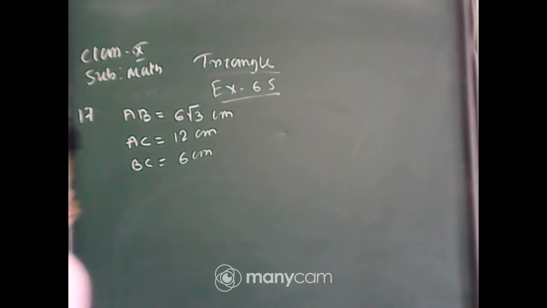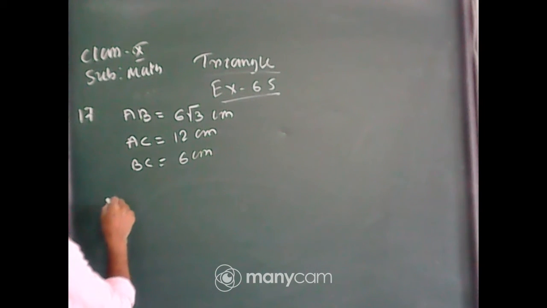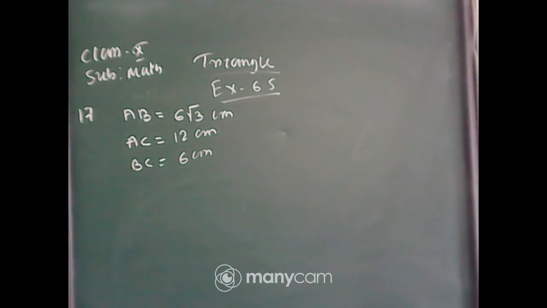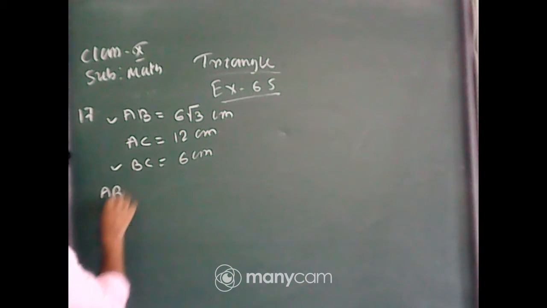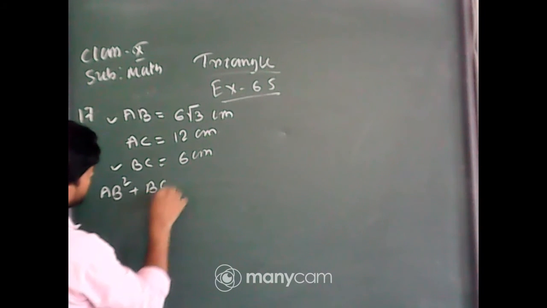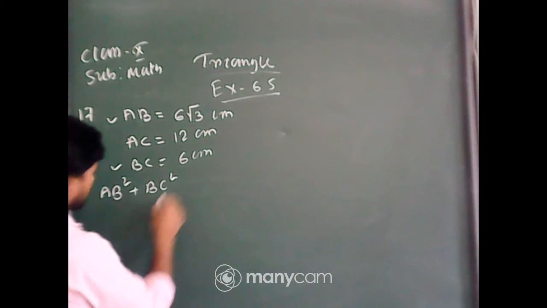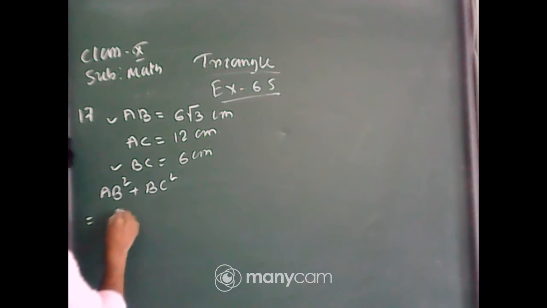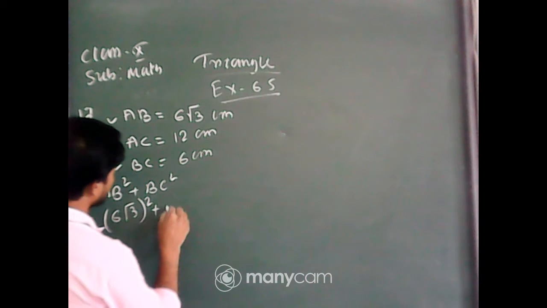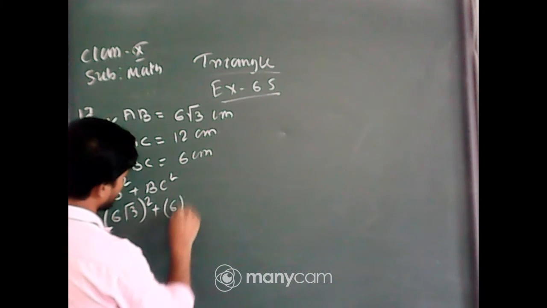Now do one thing. First, find the sum of AB square and BC square. Okay, let us calculate. So value of AB is 6 root 3 whole square plus BC is 6 whole square.